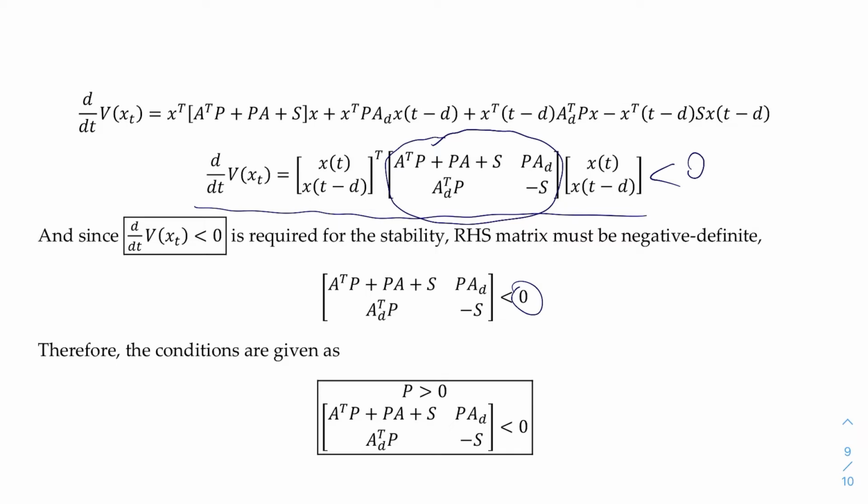And since from the Lyapunov function there was a P, that P must be positive definite. This is our first condition, and this is the derivative condition, derivative of V being negative. So at the end we have these conditions.